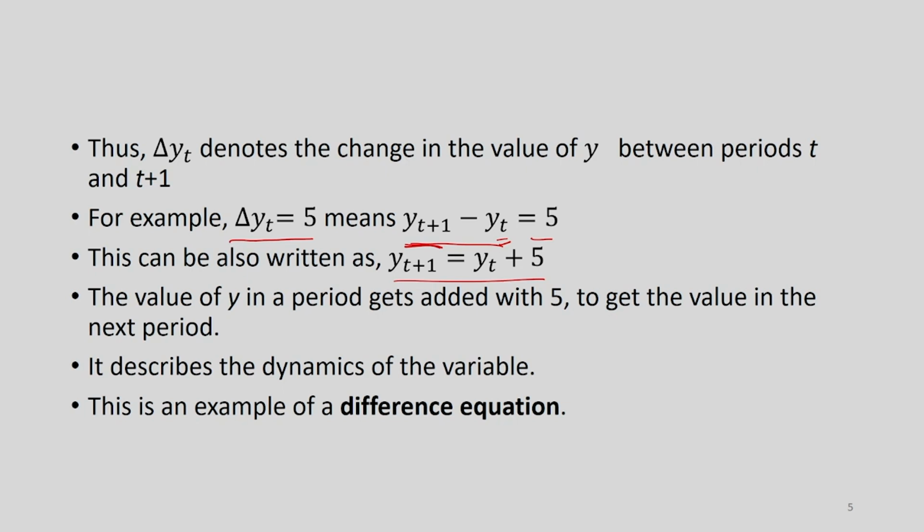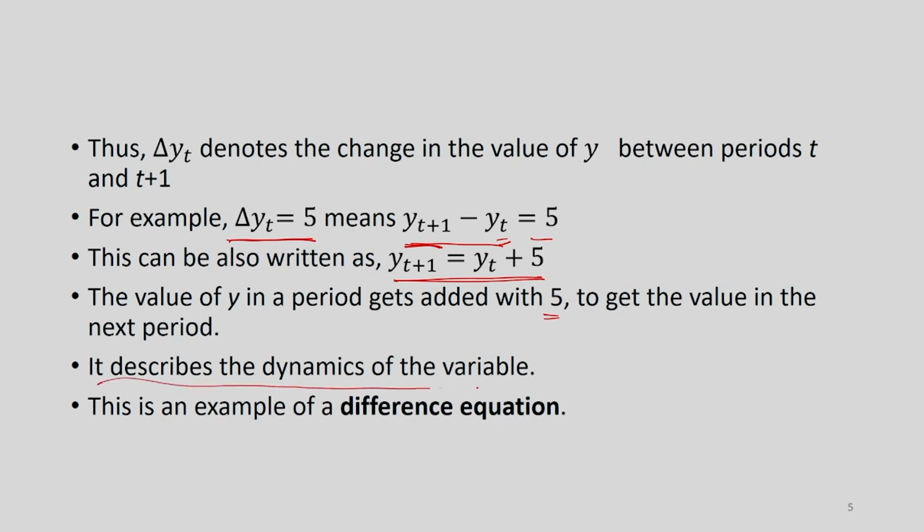The value of y in a period gets added with this number 5 to get the value in the next period. So, that is what it basically means. In that same vein, when we say delta y t is equal to 5, that means the same thing, that if we want to get the value of y in the next period, then we take the value of y in this period and add 5, and that will give me the value of y in the next period.